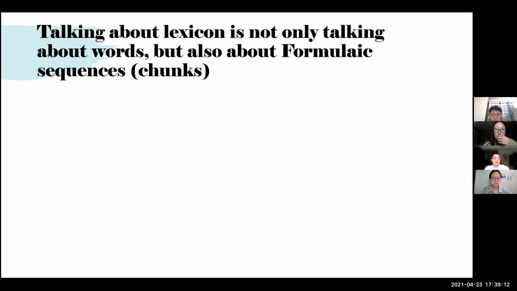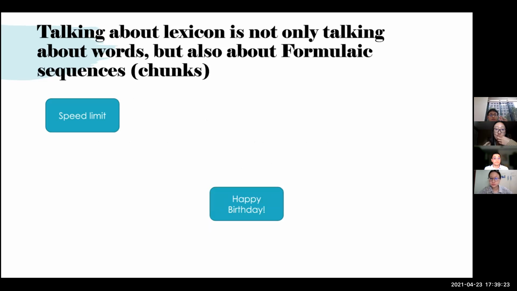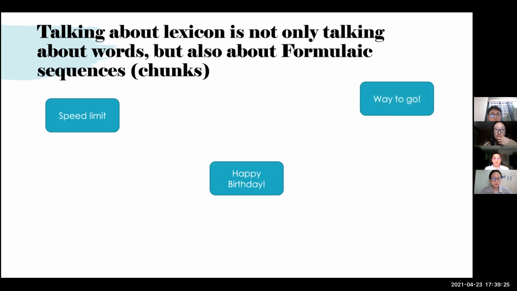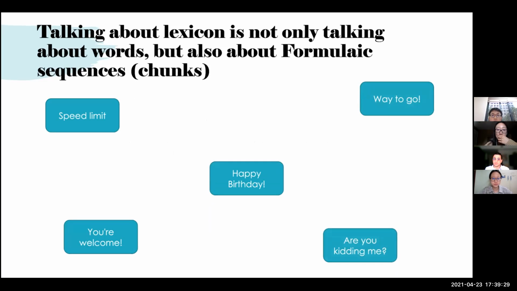When we talk about lexicon, we do not talk about words, but we talk about formulaic sequences or chunks, like speed limit or happy birthday, way to go, you're welcome, or are you kidding me?